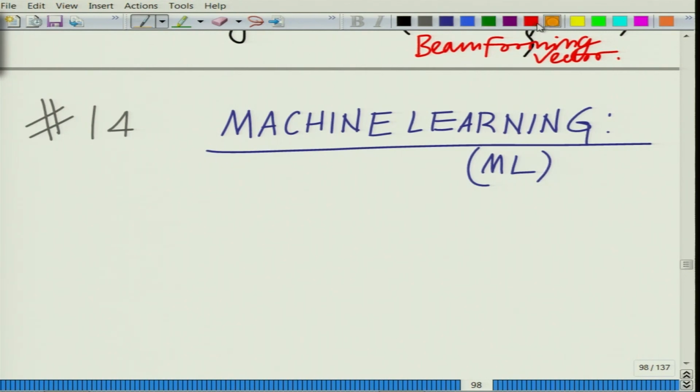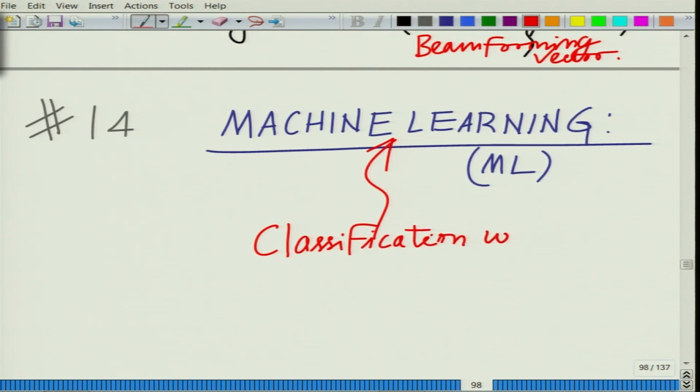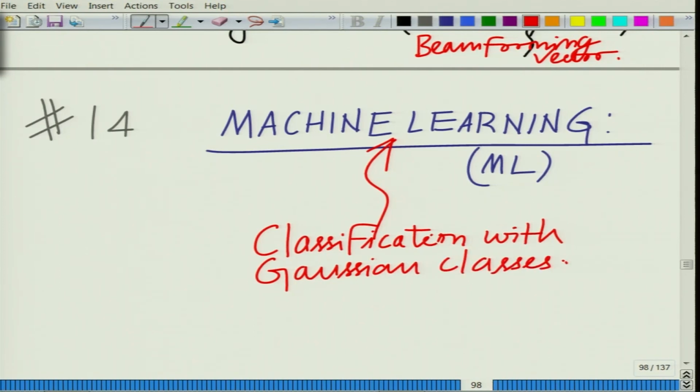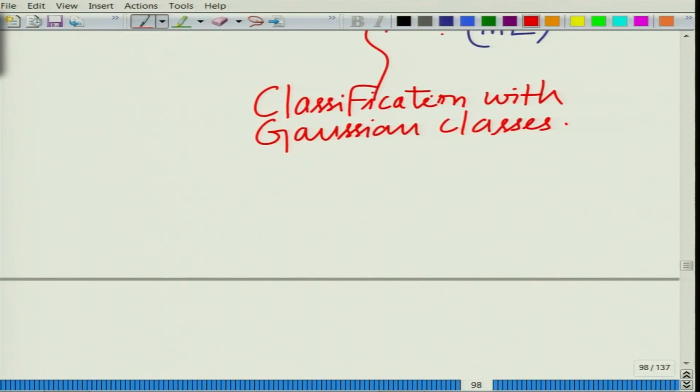The particular problem that we want to look at is what is termed as classification. Classification with Gaussian classes. The problem is essentially very simple.